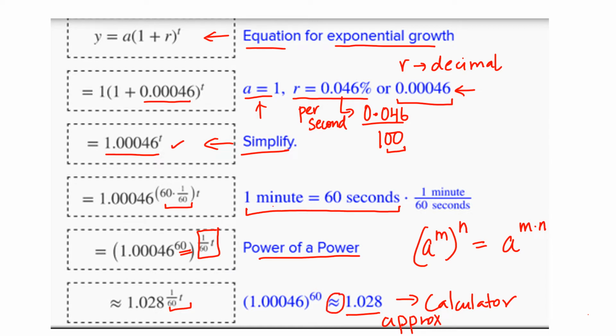This symbol is near about, it's not an exact value. Remember, it's approximately 1.028. So that means 1.028 is the rate of interest when we have done the conversion for bacteria 2. We are looking at bacteria 2, and now it is no longer in seconds, it is per minute. So this is how the comparison has been done.